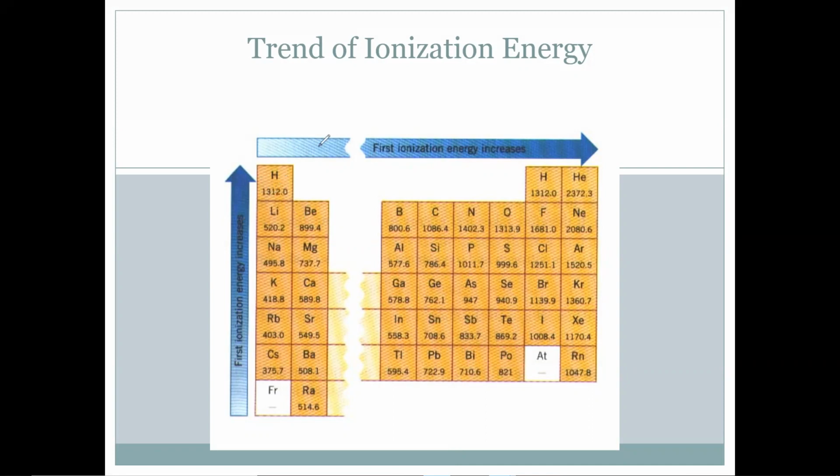It also increases from left to right. So it's going to take more energy for fluorine to have an electron pulled away from it than it would take for oxygen to have an electron pulled away from it.